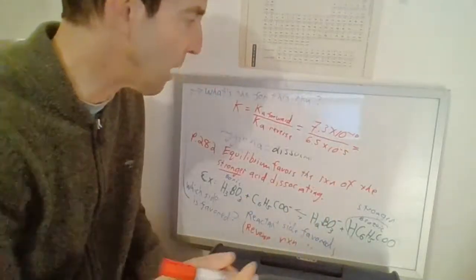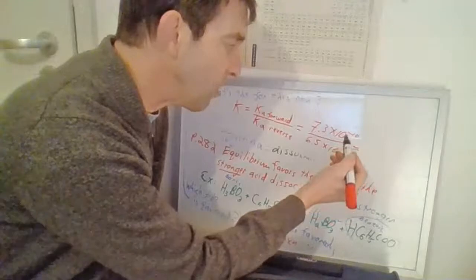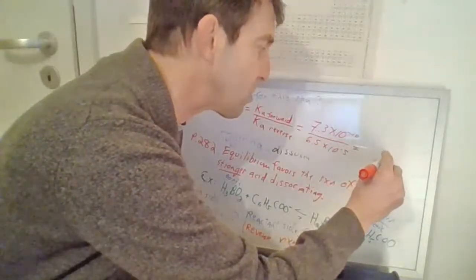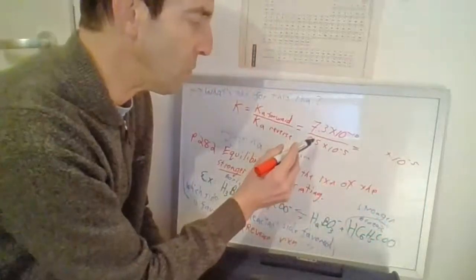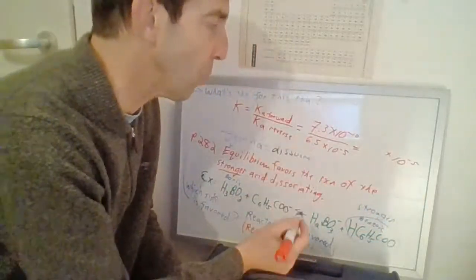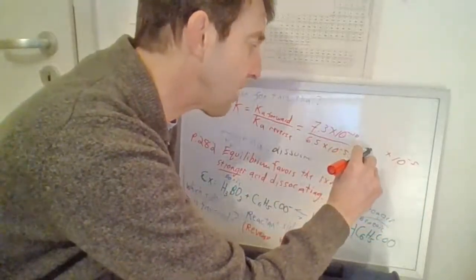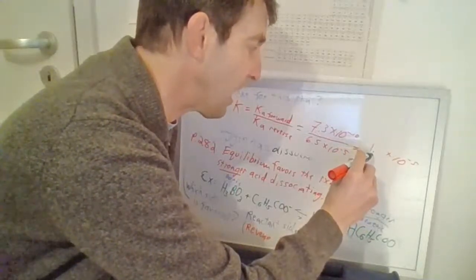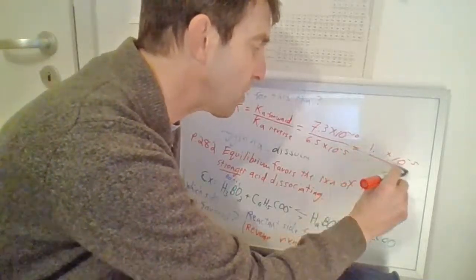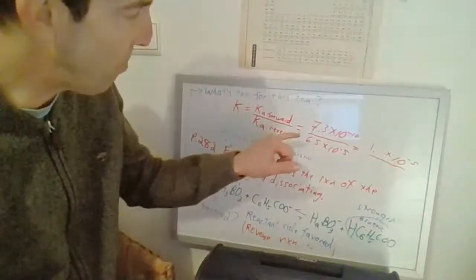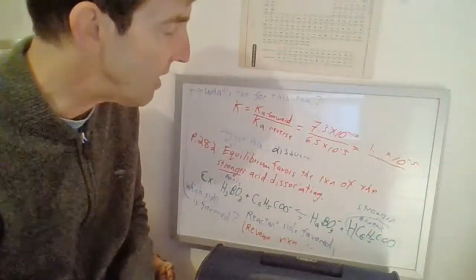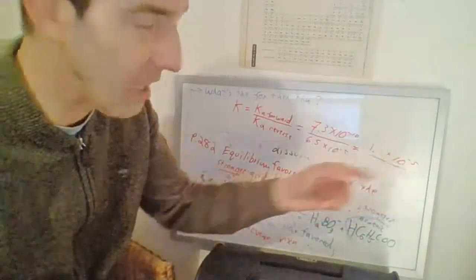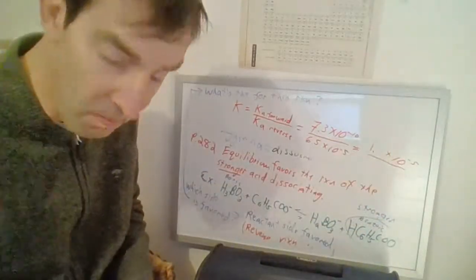The values cancel. I'm going to get something times 10 to the negative 5th. And it's going to be what? 7 divided by 6, pretty close to 1. So 1 point something. You guys can crank that out. So 7.3 divided by 6.5, 1 point something, and then times 10 to the negative 5th, I think. Check my math, please.